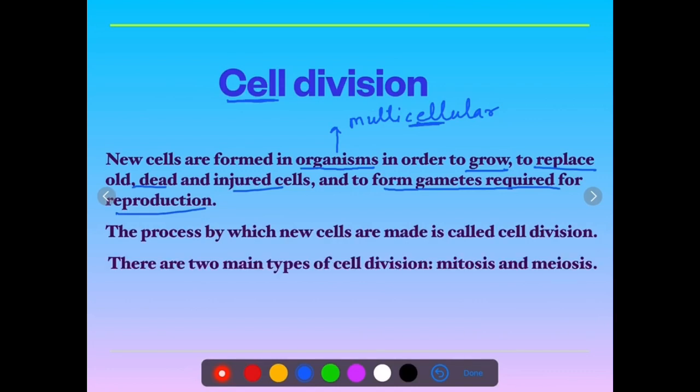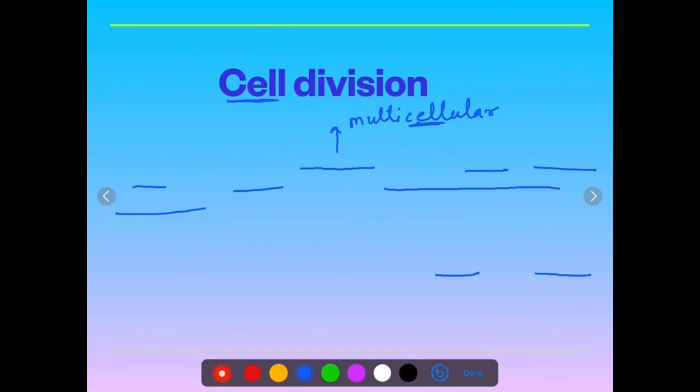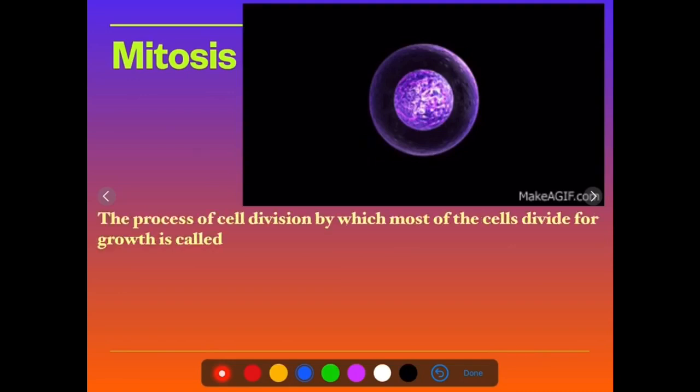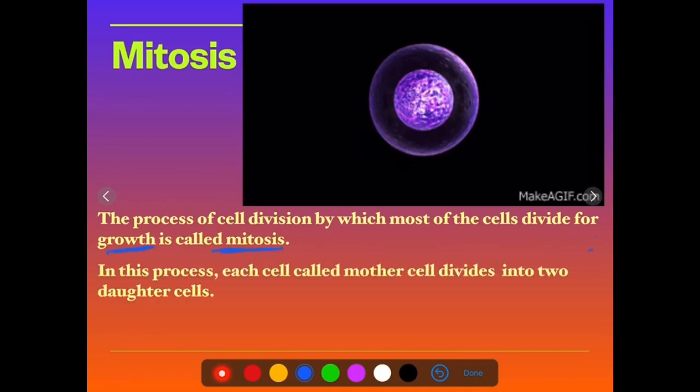This cell division is of two types, mitosis and meiosis. So we can say that a cell divides by two methods, mitosis and meiosis. Let us see what this mitosis is. In this process, most of the cells divide for growth, and that is by mitosis. There is a mother cell, and that mother cell divides into daughter cells.